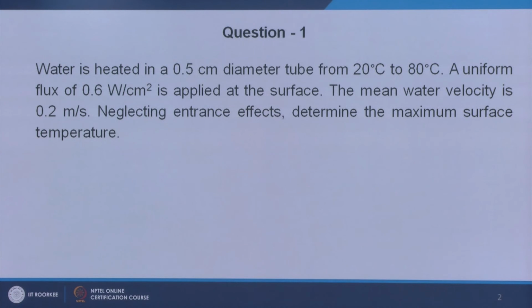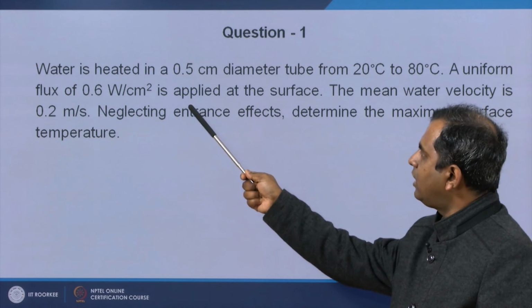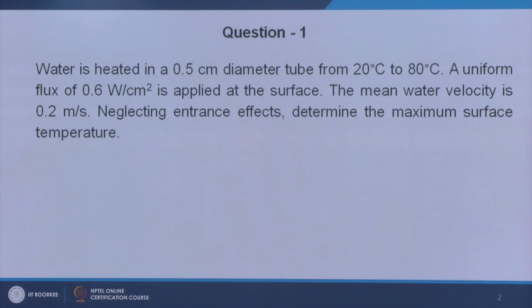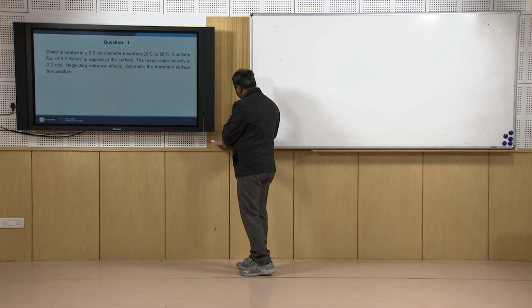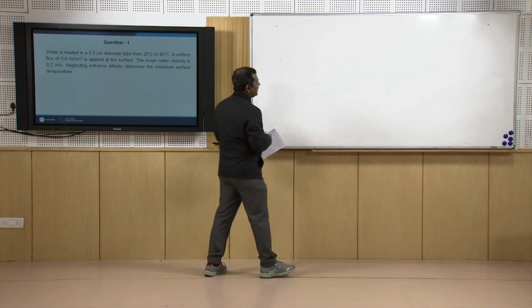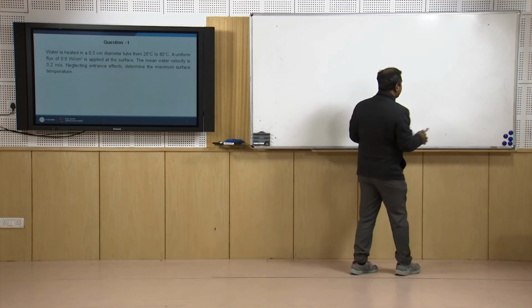So, you can see this is nothing but pipe flow having constant applied surface heat flux. Let us see how this problem can be solved. To solve this, we will be taking a schematic of the problem.